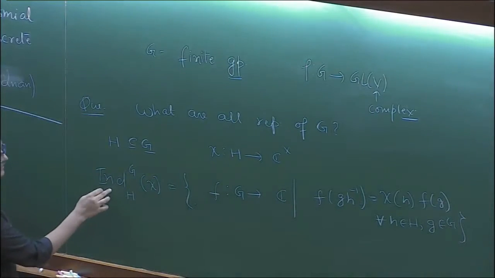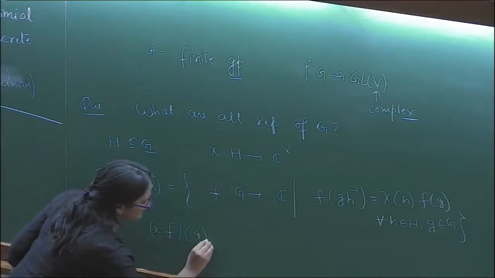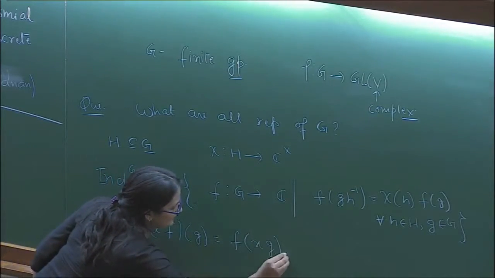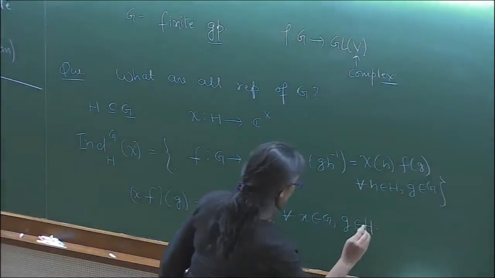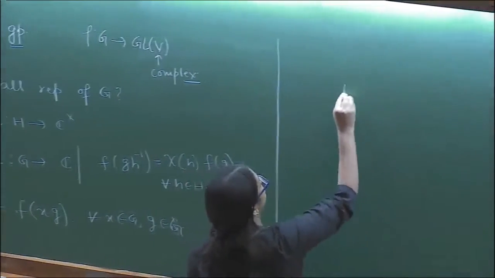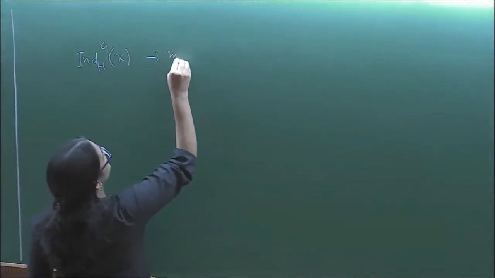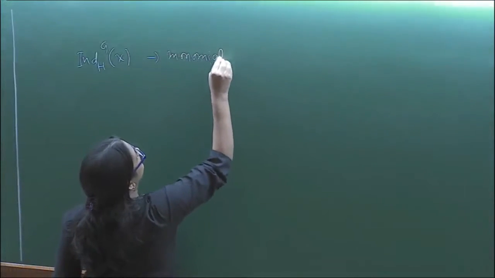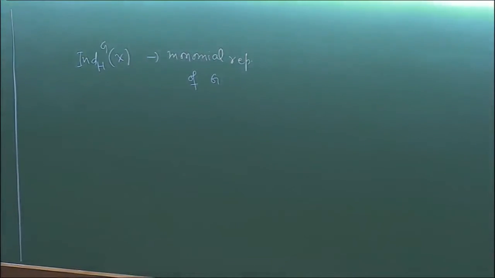This is a vector space, and I can define an action of G on these functions. Then we all know that this gives a representation of G, and this is what is called a monomial representation of G. I want to keep track of this pair (H, chi), so I'll say monomial representation of G associated with the tuple (H, chi).